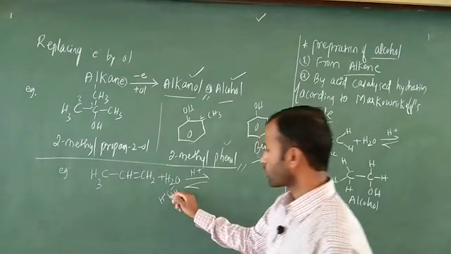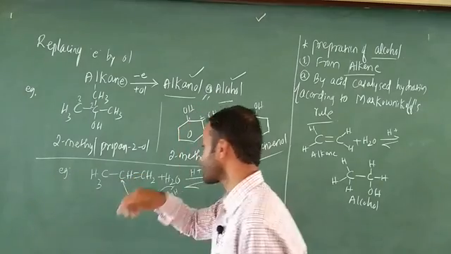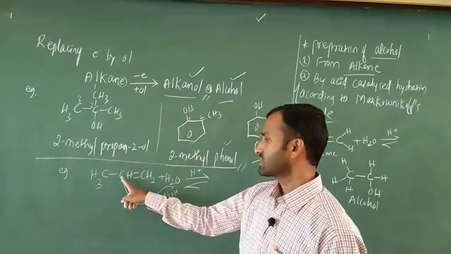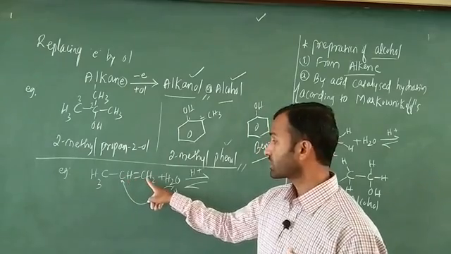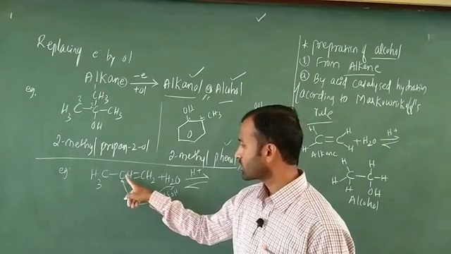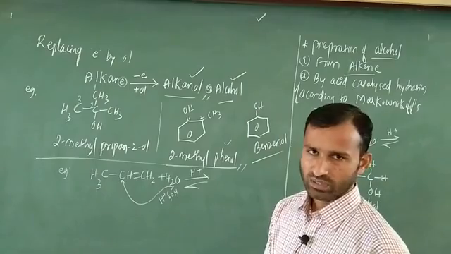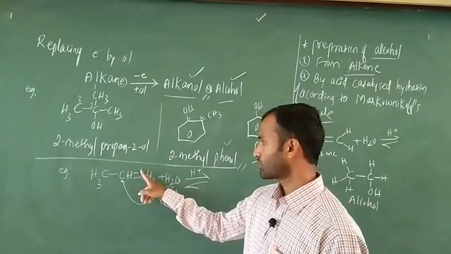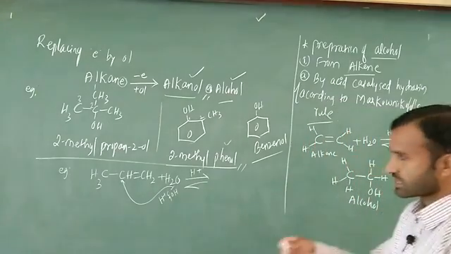The incoming nucleophile is going to attack the carbon containing less number of hydrogen. This carbon contains how many hydrogen? 1 hydrogen, but this carbon contains 2 hydrogen. When the nucleophile attacks this carbon, automatically the carbon-carbon double bond is cleaved. There is a formation of negative charge. After that this H plus is going to attack that negative charge. This is the mechanism.